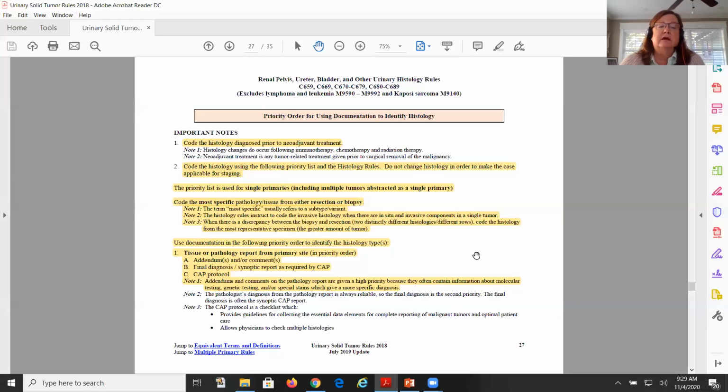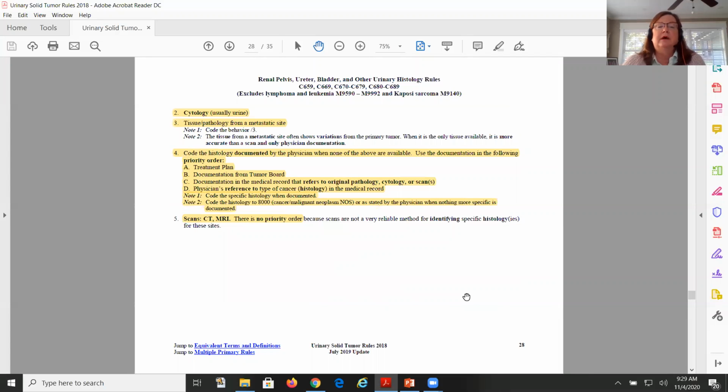So that is a priority for determining your histology. Next in priority would be from cytology, which is usually from urine. Third in priority would be the pathology from a metastatic site. Fourth in priority, code the histology documented by the physician when none of the above are available.